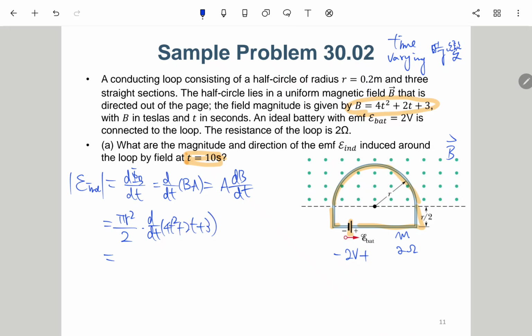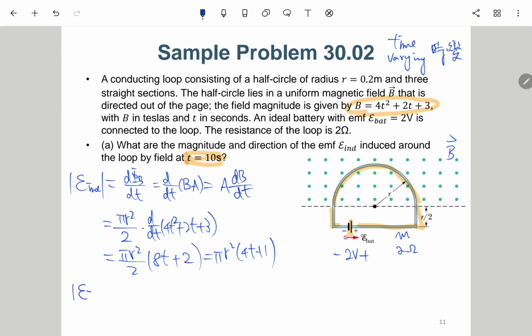Okay, so take the derivative. 4t square becomes 8t, and then 2t becomes 2, and then 3 becomes 0. So we get pi r square over 2 times (8t plus 2), or pi r square times (4t plus 1). Just distribute the 2 inside.